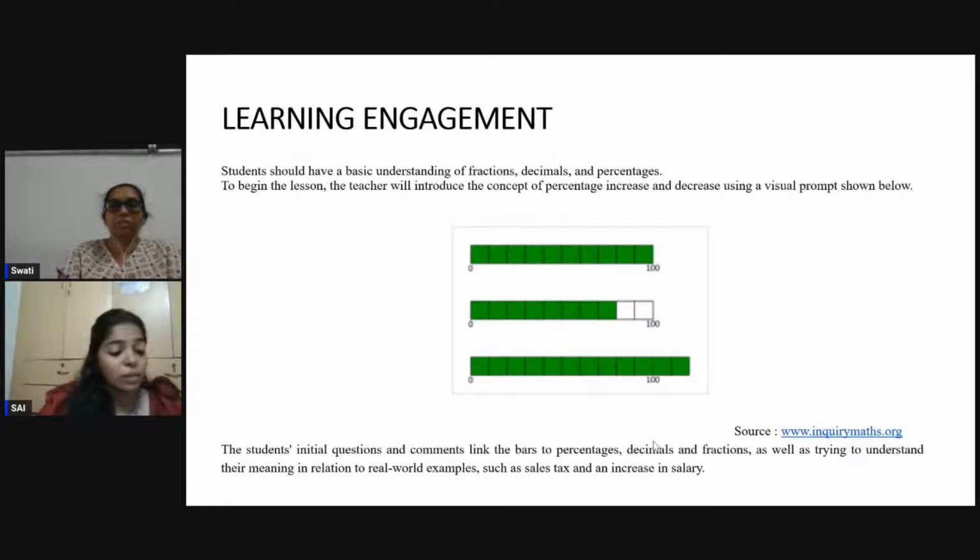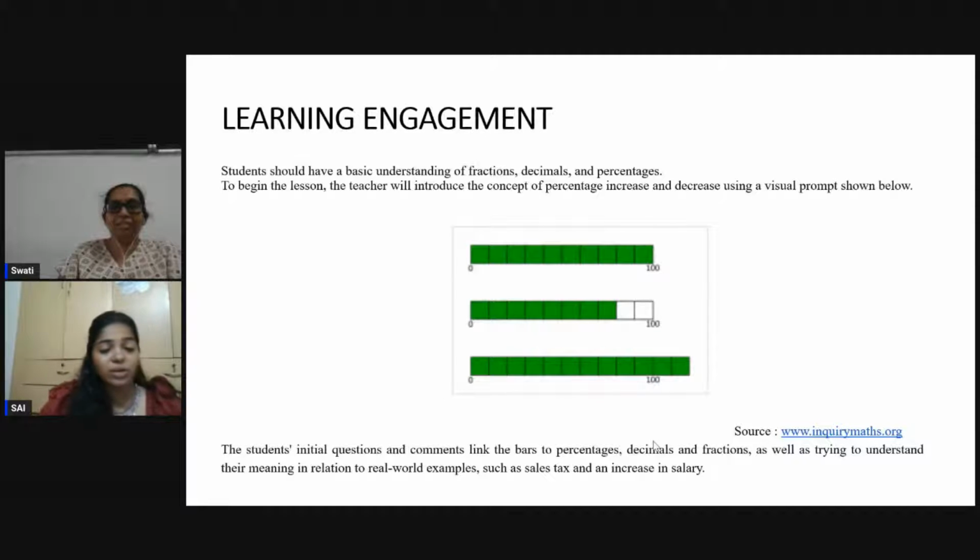They will be asked to recall what percentages are. We had one question about whether it is always out of 100, because in this particular visual prompt, the bar goes beyond 100. So what happens then? So we have some thought-provoking questions during the inquiry when they are solving the worksheet questions.